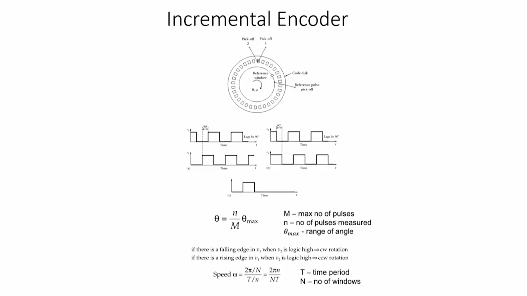If you only look at one part of an incremental encoder, just one level of these arrays, we can call these pick off points 1, 2, etc. And then you can measure, for example, from this pulse to this pulse, what is this degree shift that has happened.